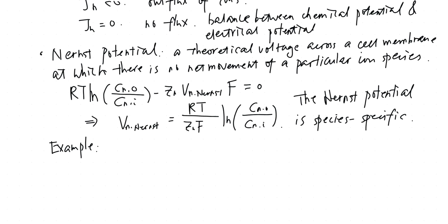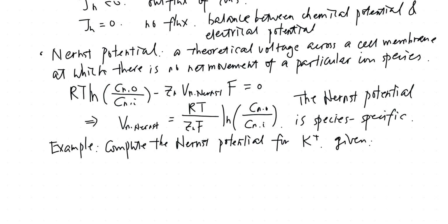So compute the Nernst potential for potassium, given the concentration of potassium outside of the cell is 4 millimolar, and the concentration of potassium inside of the cell is 140 millimolar.